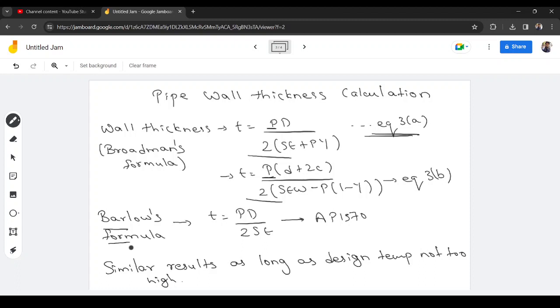So which do we have to use? Generally, you can use either of these. If you don't have a high temperature service, then both of these formulas are going to give you similar results. If you are using high temperature service, then generally the Boardman's formula would be taken into consideration, but that depends on what kind of temperature requirement you are running on.